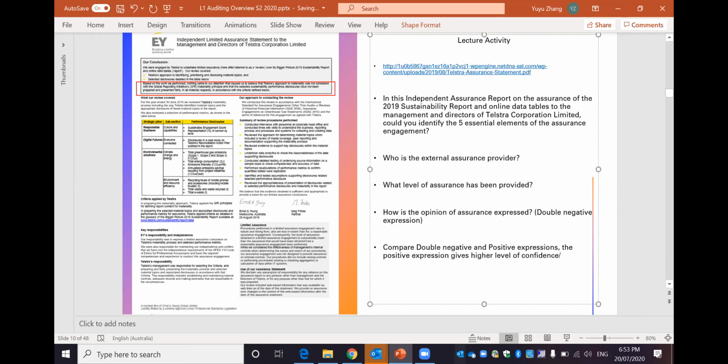So usually that is for a higher level of assurance. Is it right? Understand it? Any question? No?